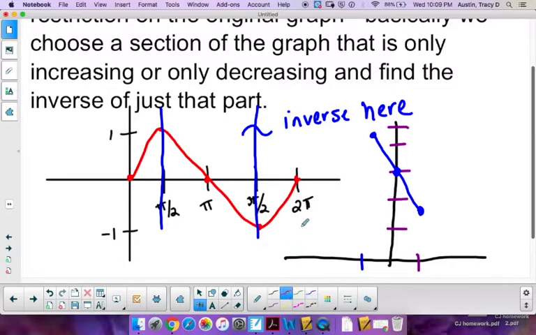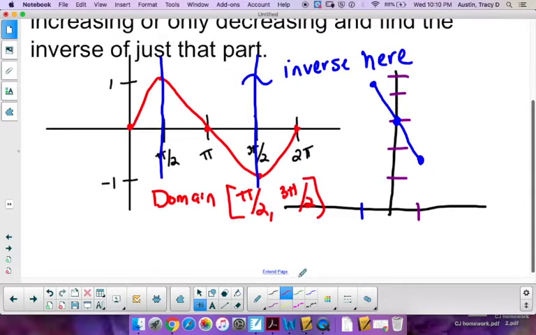And you would limit it by stating, right, that on our domain we are only going to use from pi over 2 to 3 pi over 2. Okay, so we're restricting it. And in that restriction, pi over 2 to 3 pi over 2, my range is still the same as if I was looking at the whole function, right? That doesn't change.